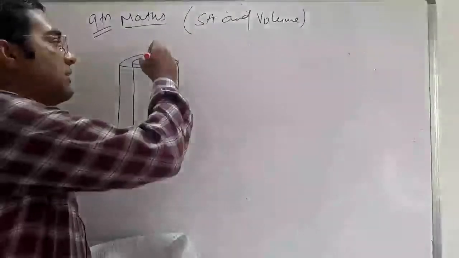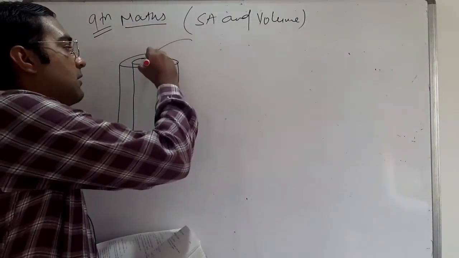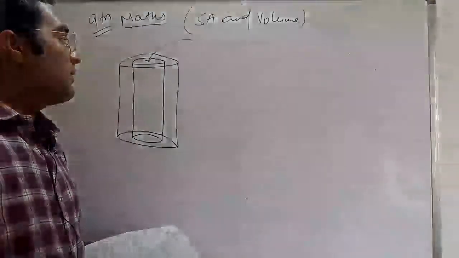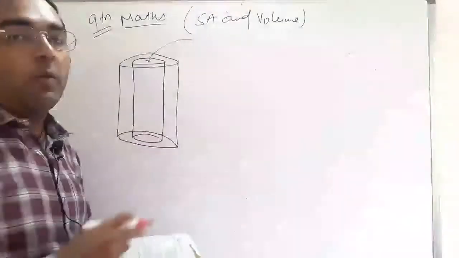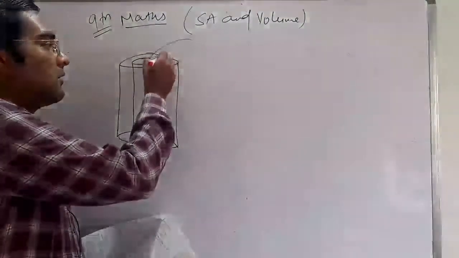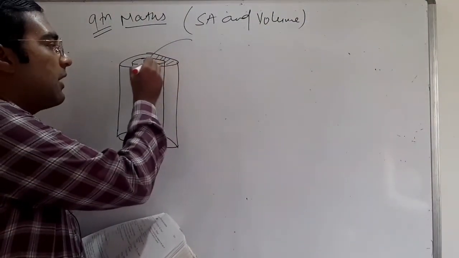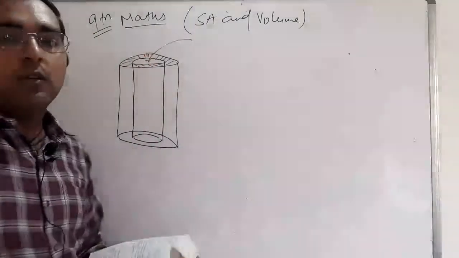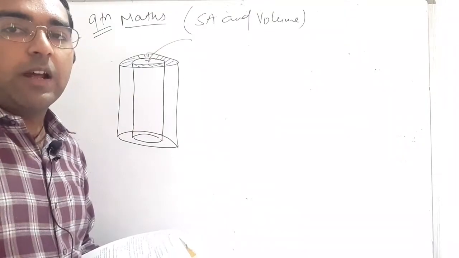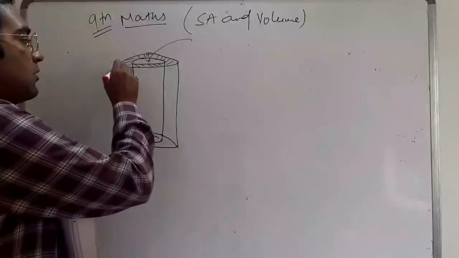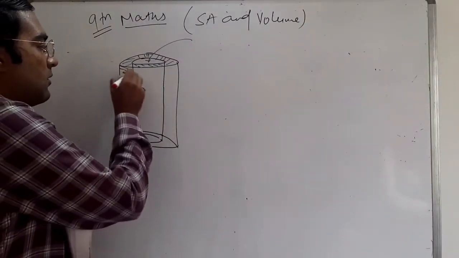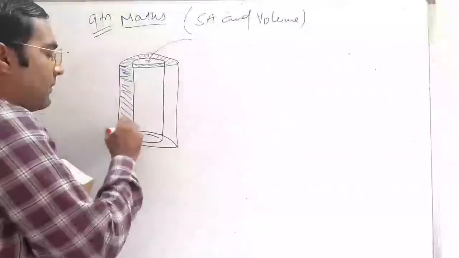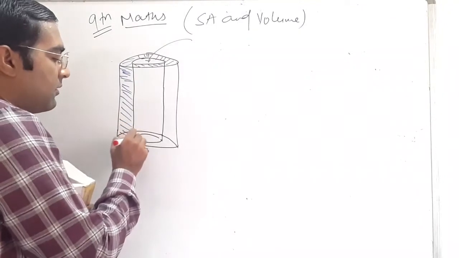This part of the cylinder is the hollow cylinder. From here it is open, and this part of the cylinder is closed. So for this type of shape we call it a hollow cylinder.